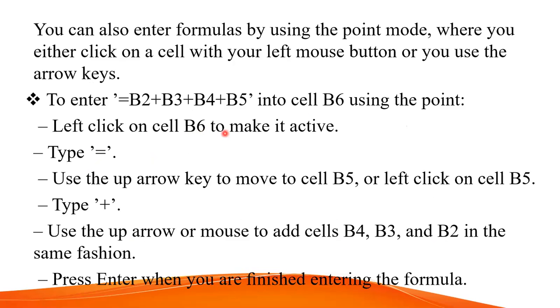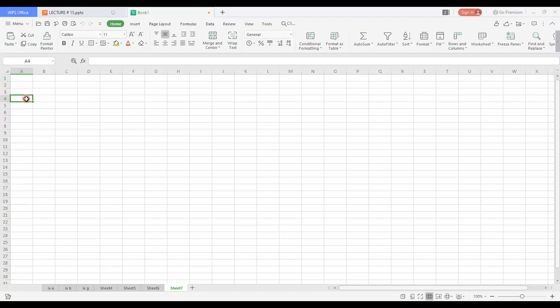Left click on cell B6 to make it active, right? Type equal to sign. Use the up arrow key to move to cell B5 or left click on cell B5. I'll show it in your Excel sheet. 67, 87, 66, right?